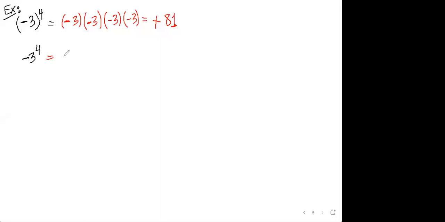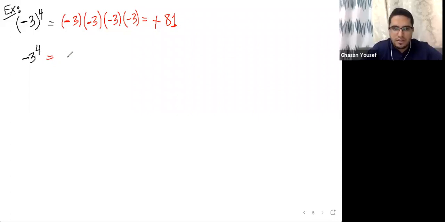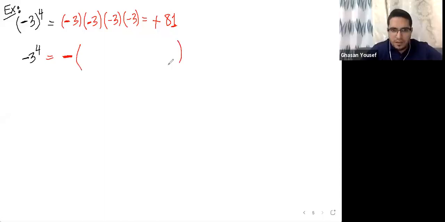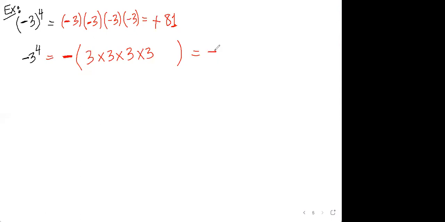For this one, we have to write the negative outside, and you open big parentheses and multiply the 3 four times: 3 times 3 times 3 times 3. Here's the difference, the negative outside. 3 times 3 is 9, and 9 times 9 is 81. But we have negative outside, so it will be negative 81.